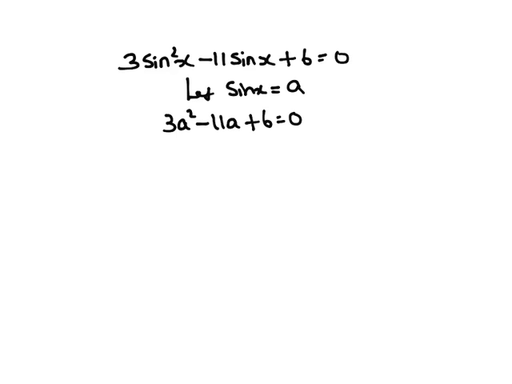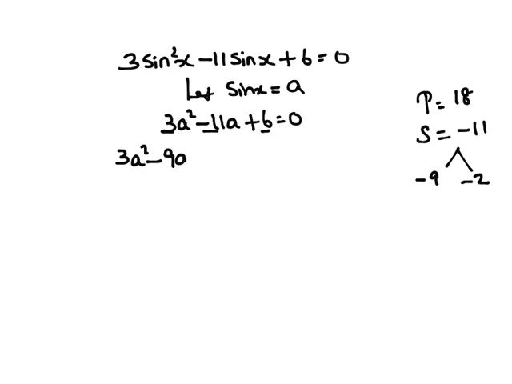Now let me try to split the middle term. I have to find two numbers whose product is 3 times 6, which is 18, and whose sum is minus 11. I know that those two numbers are minus 9 and minus 2. Minus 9 times minus 2 will give you plus 18, and when you add them you'll get minus 11. So I can write this as 3a squared minus 9a minus 2a plus 6 equal to 0.